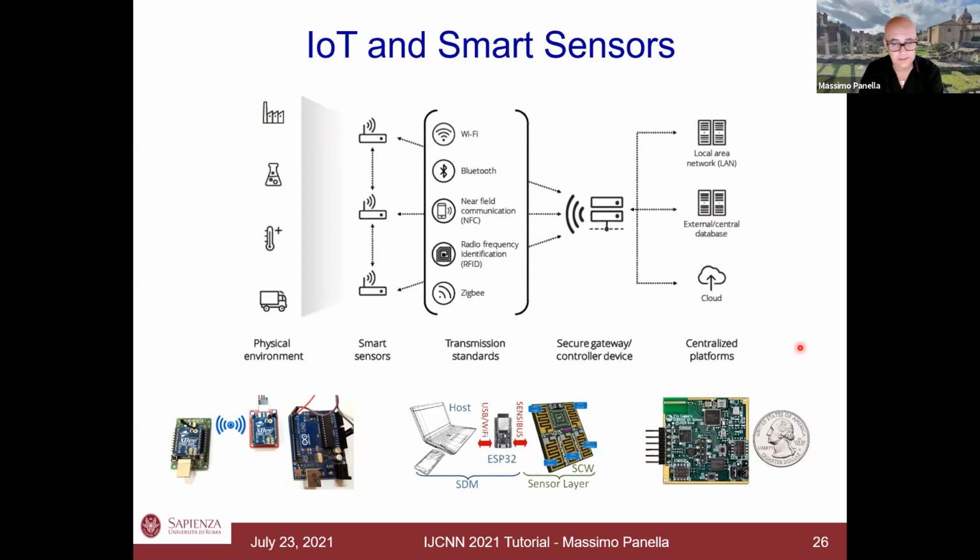So in this case, it is impossible to implement a deep neural network on a smart sensor. Rather, we can implement an RVFL, for example, an echo state network, so a randomized shallow network, okay?